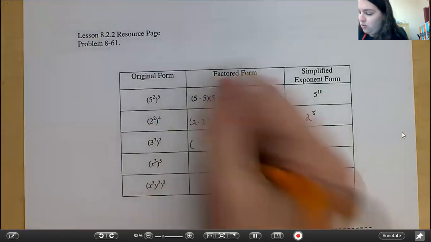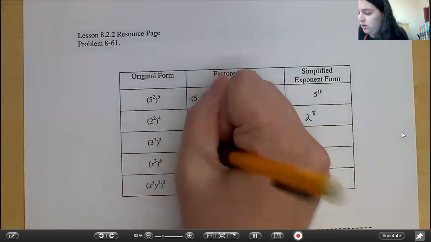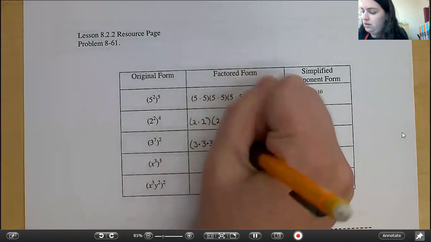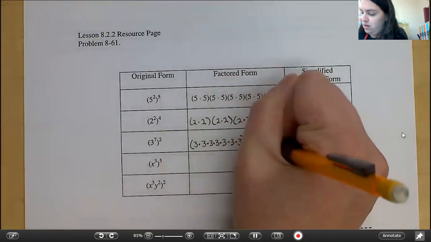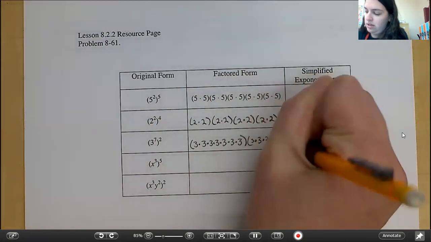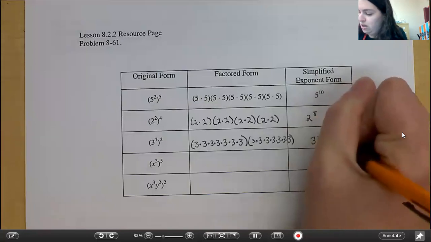Here, we have 2 groups of 3 to the 7th. So 1, 2, 3, 4, 5, 6, 7. Then we have another group. 1, 2, 3, 4, 5, 6, 7, and I ran out of room. But that would then be 3 to the 14th.